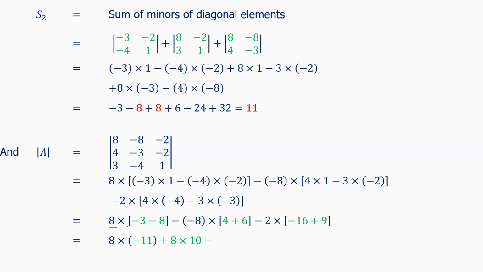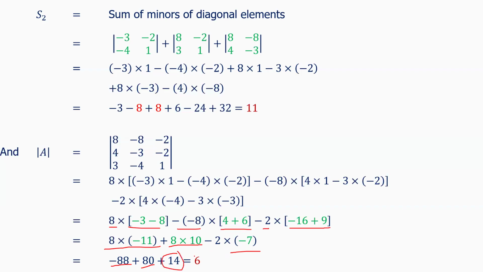If you simplify, 8 into minus 11, plus 8 into 10, 4 plus 6 is 10, minus 2 into minus 16 plus 9 is minus 7. 8 into minus 11 is minus 88, 8 into 10 is 80, minus 2 into minus 7 is 14. Minus 88 plus 80 is minus 8, minus 8 plus 14 is equal to plus 6.